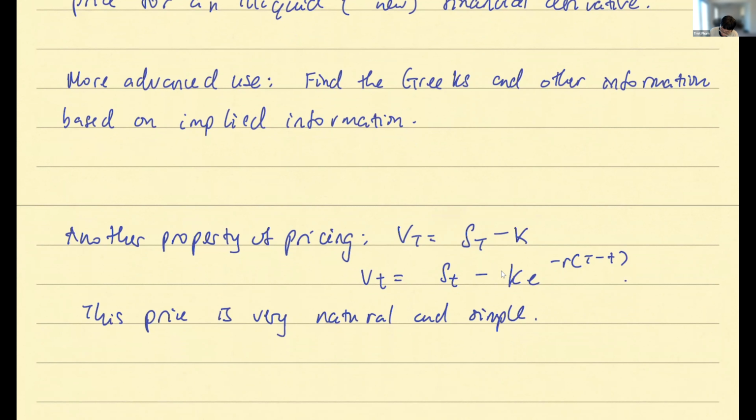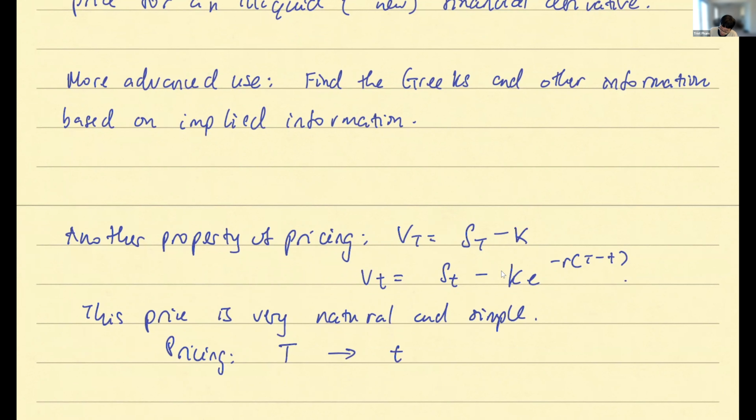The reason is this. First of all, it's very simple to think about the price of a stock in the future. The thinking is that pricing means mapping the future value to the present value.